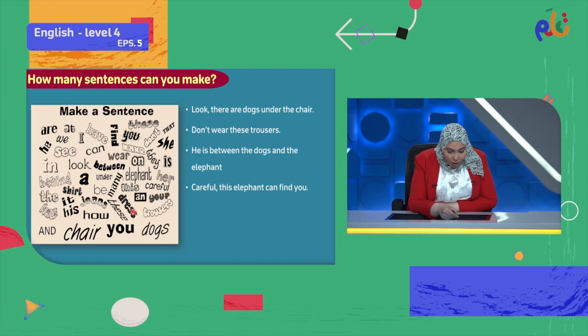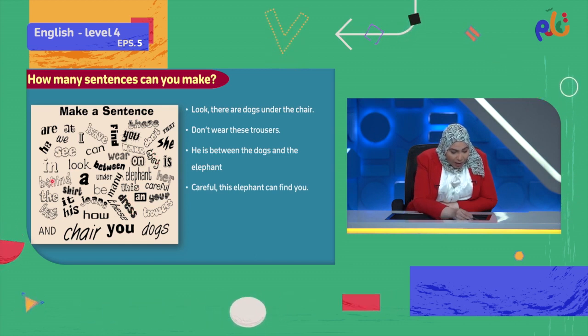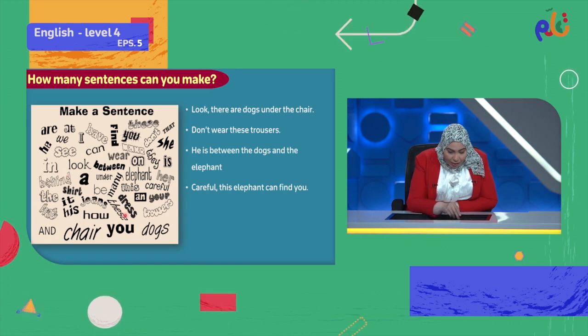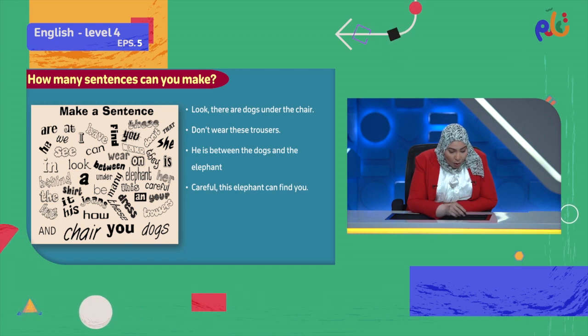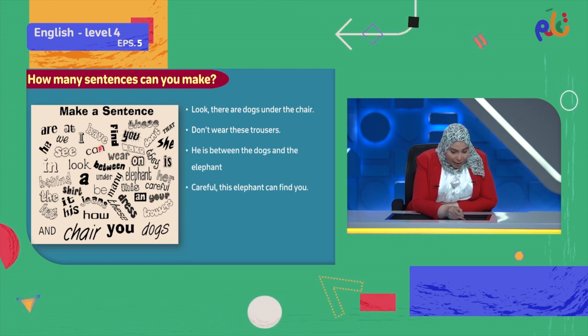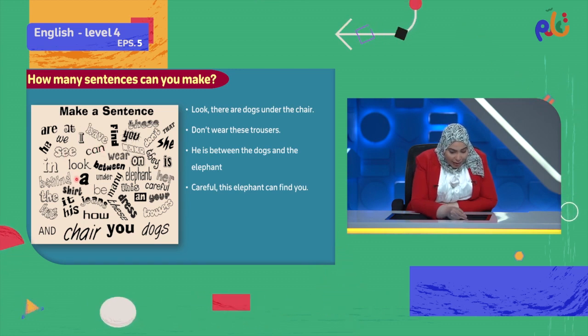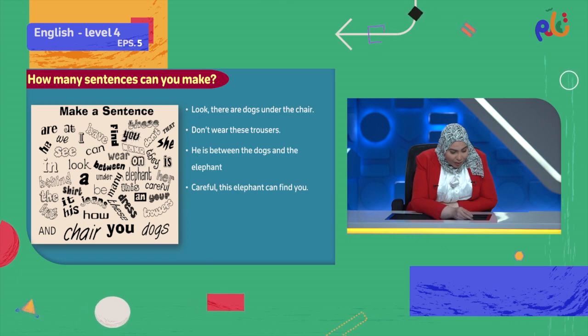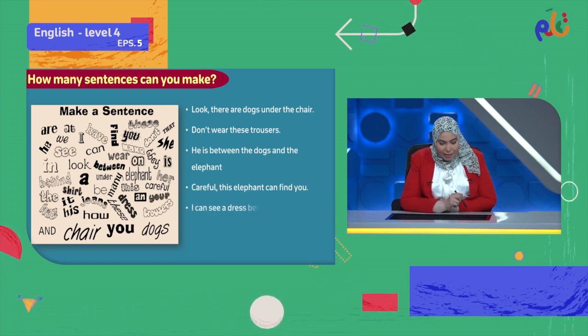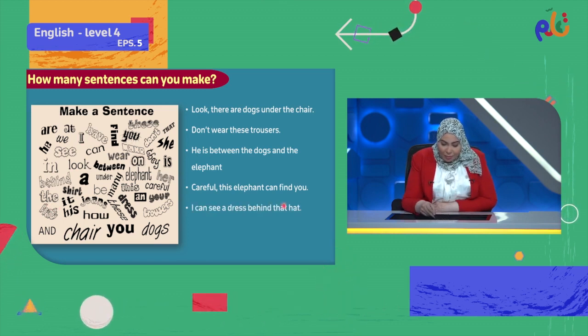Let's make it longer. I can see a dress behind this hat. Or I can see a dress behind that hat. Both would work. So this is my next sentence. I can see a dress behind that hat.